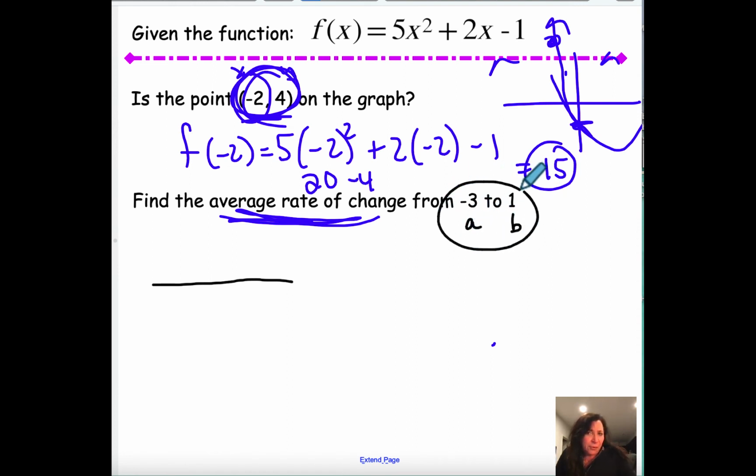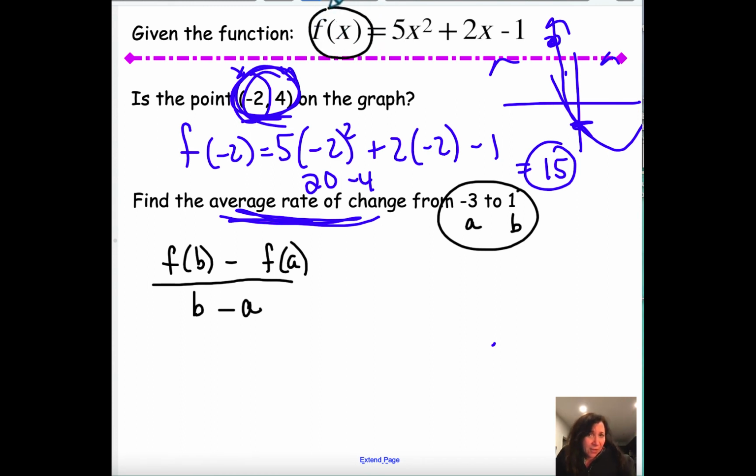That's my -3 to 1. So if I were to subtract, I like to go also right minus left. So B minus A. And then on the top, in the numerator, I'm going to say f of B minus f of A.